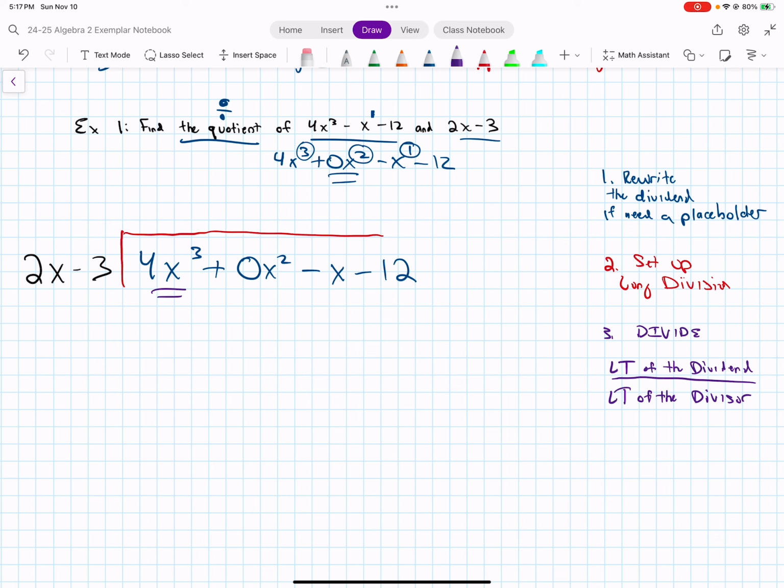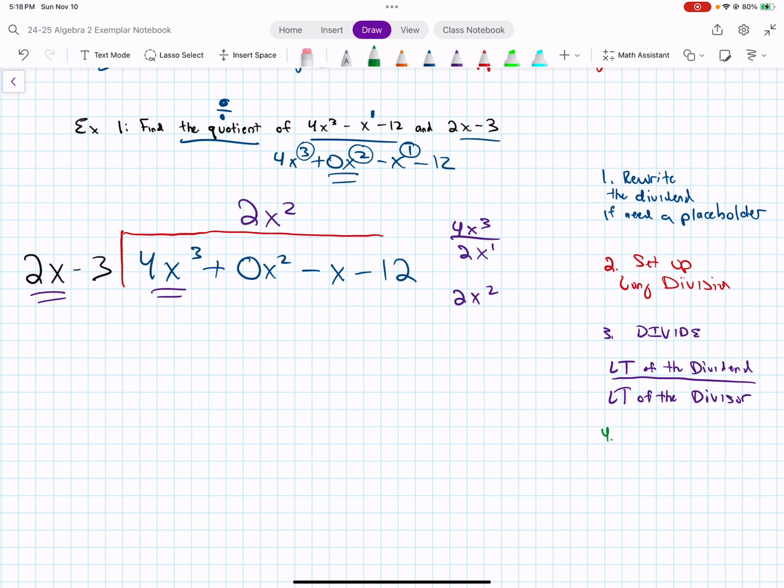The leading term of the dividend is 4x cubed. The leading term of the divisor is 2x. So on the side right here, 4x cubed divided by 2x. The exponent is 1, so it's 2x squared. That right there is my quotient, and I want them to be lined up so they match.